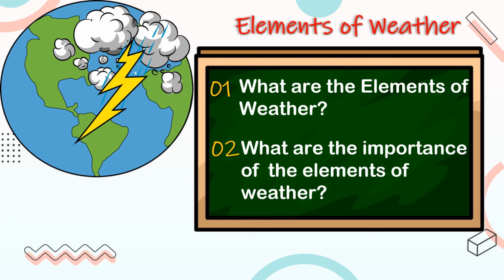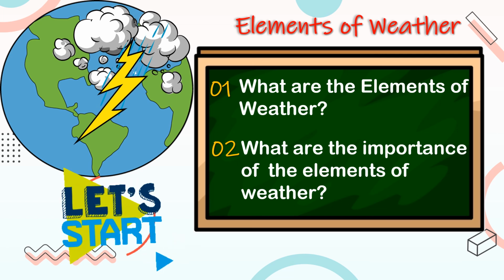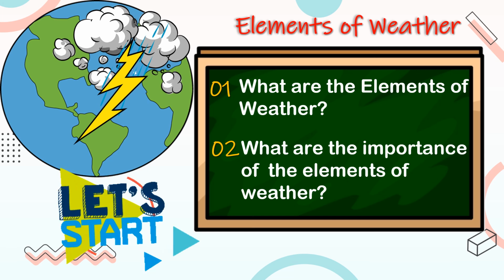They include wind, air temperature, air pressure, humidity, clouds, and precipitation. So together, these components describe the weather at any given time. These changing components, along with the knowledge of atmospheric processes, help the meteorologists to forecast what the weather will be in the near future.